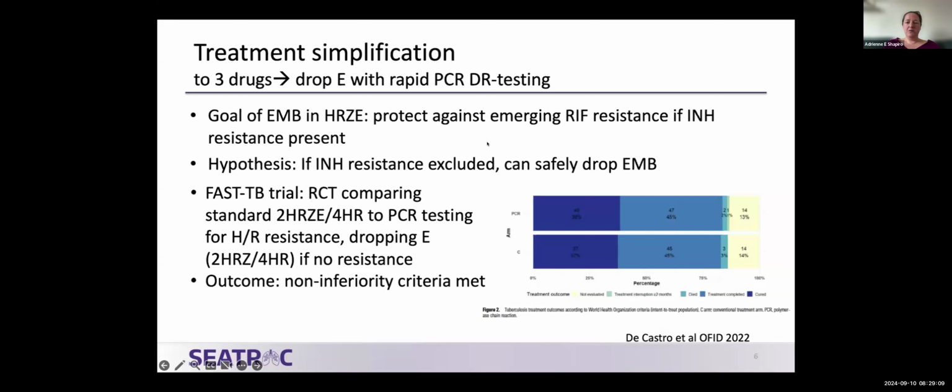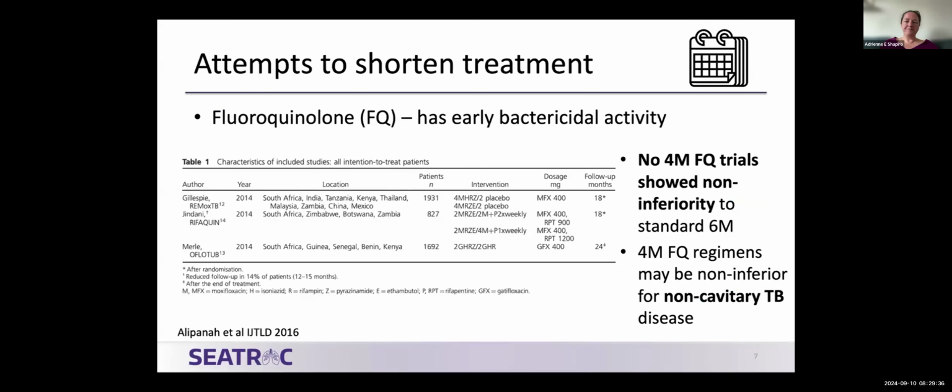So they looked to see whether, if you confirm that isoniazid sensitivity is present, can you just drop ethambutol so you only have 3 drugs in the initial intensive phase? And they found that dropping the ethambutol was in fact non-inferior, so functionally equivalent, equally good outcomes. So this is an effort to shorten and simplify the amount of treatment given.